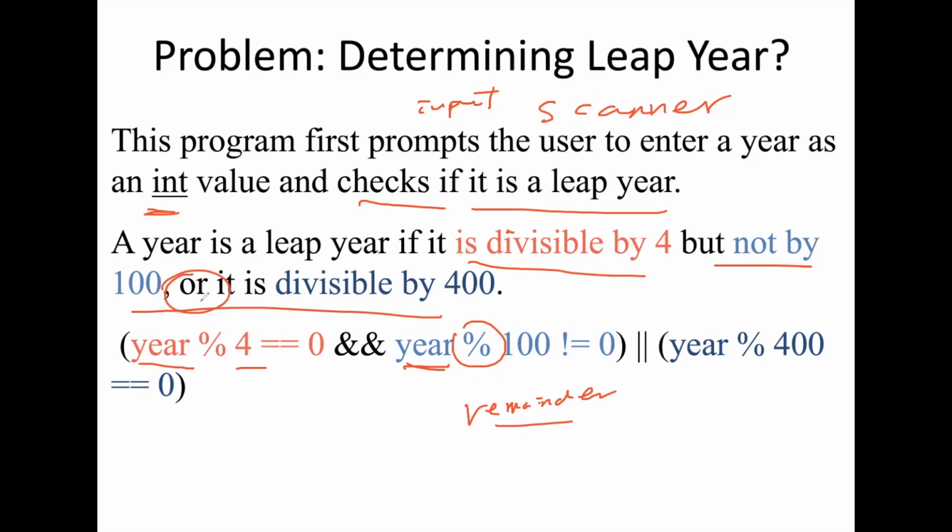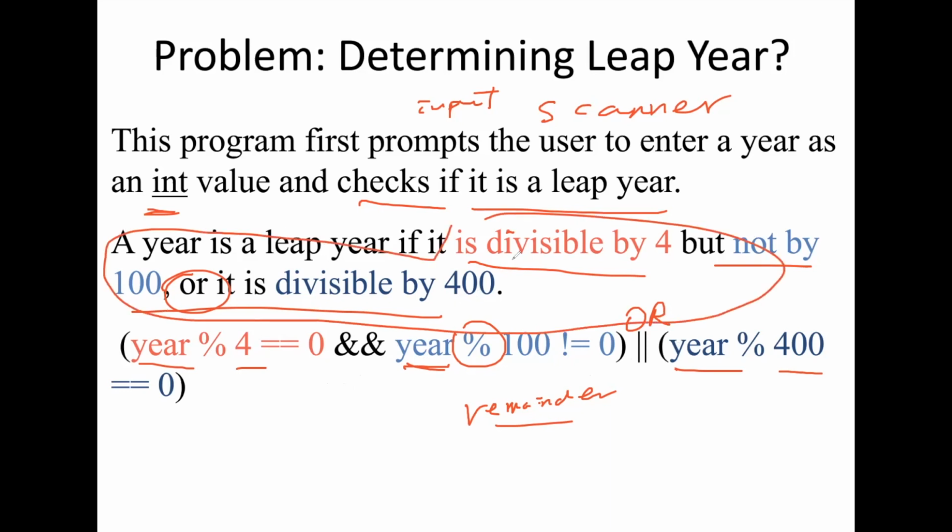Now, translating this OR into code means you have the OR operator, checking to see if the year is divisible by 400. So this multi-nested logical operation inside a binary OR expression is a direct translation of a leap year computation. This concludes our discussion on the operators and some of the examples associated with them.